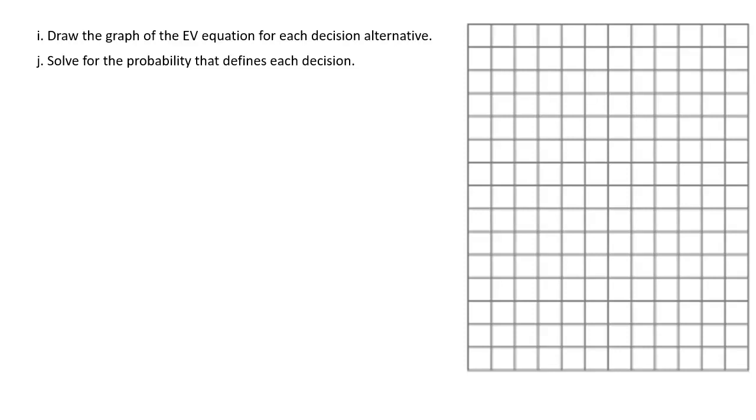Now, the next question is to draw the graph of the expectation value equation for each decision alternative. So remember the equations were: EV D1 was 5, EV D2 was 9 minus 6P, and EV D3 was 12 minus 13P.